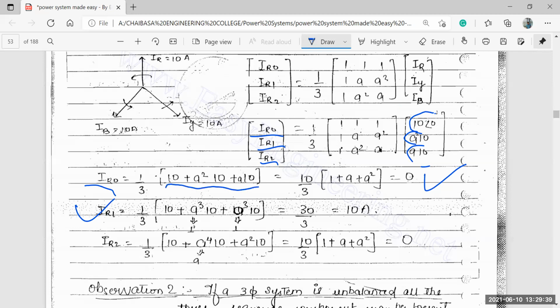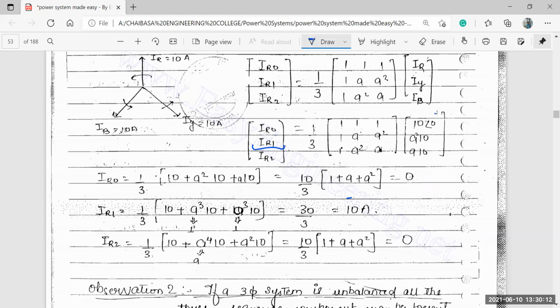If we take 10 common, we are left with 1 plus A plus A square, and we know that 1 plus A plus A square is equal to 0, so the whole expression becomes 0.